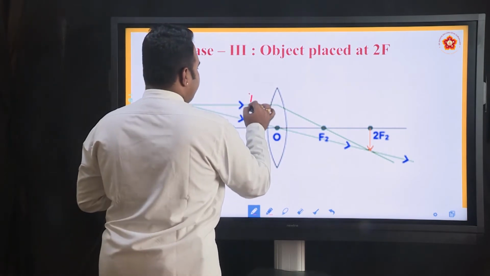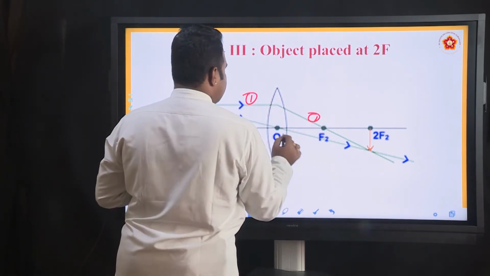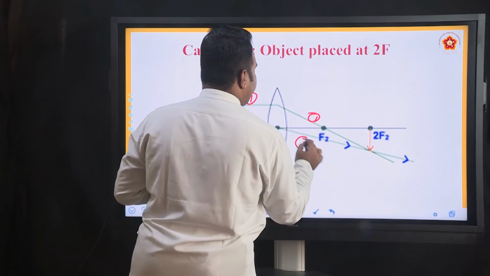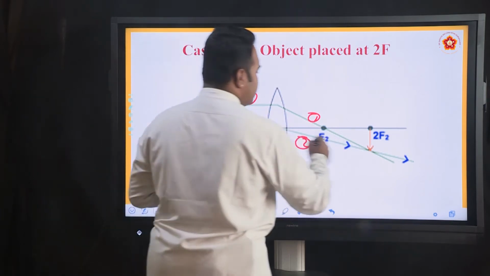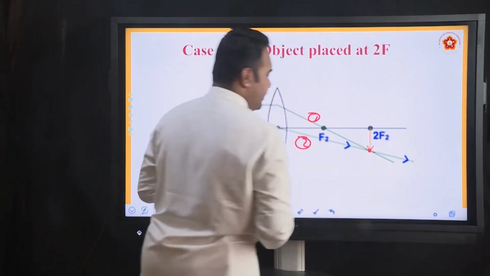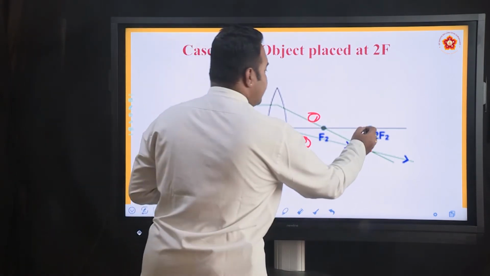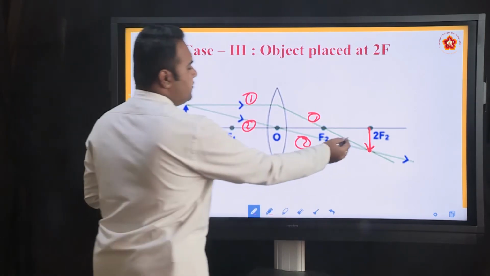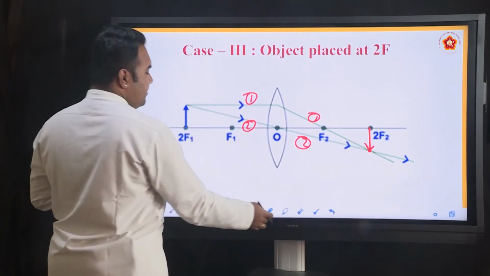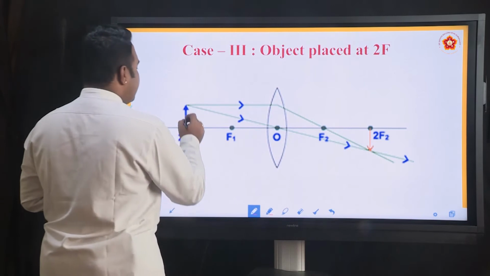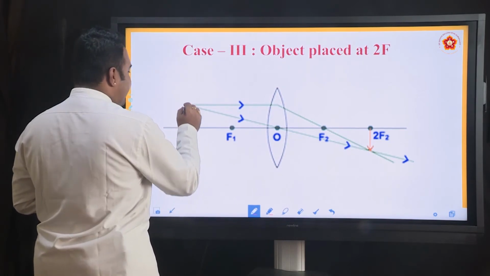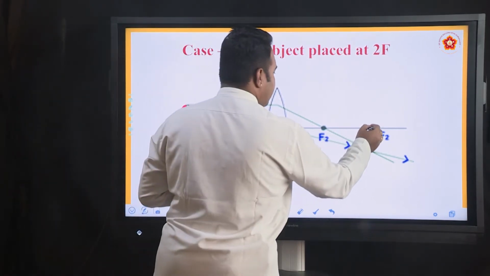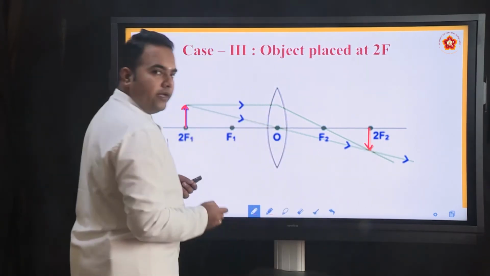So first ray of light, this is how it goes. The second ray of light, after refraction, doesn't deviate. This is the point where these two meet. And when you reconstruct the image here, if you look at the dimensions of the image formed, you will find that the image has the same dimension as that of the object, and this you can verify when you draw exactly.